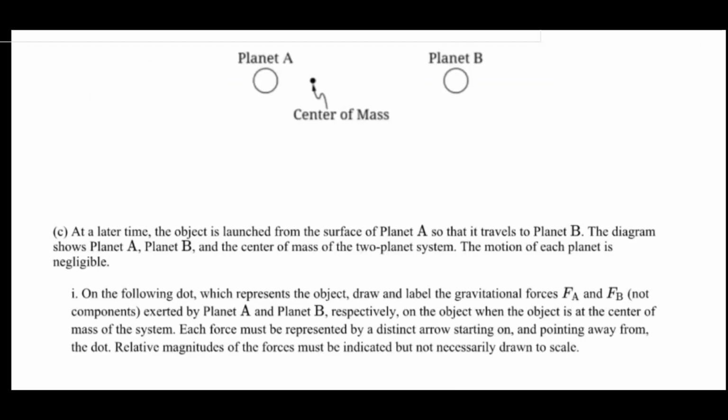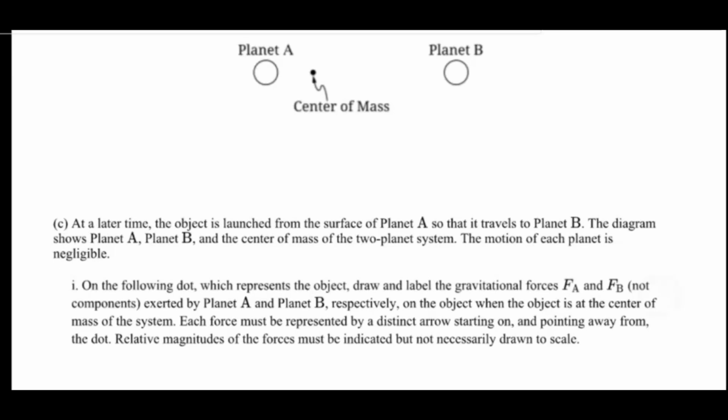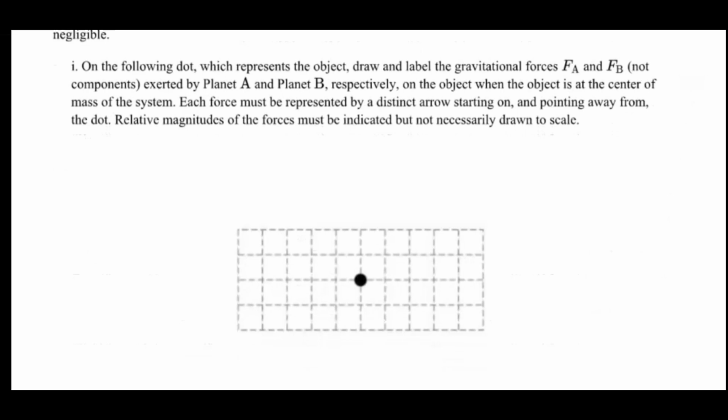All right, part C. It says at a later time, the object is launched from the surface of planet A so that it travels to planet B. The diagram shows planet A and B, and the center of mass of the two planet system. The motion of each planet is negligible. So it wants us on this dot to label and draw the gravitational forces, not the components, that are exerted by the planets.